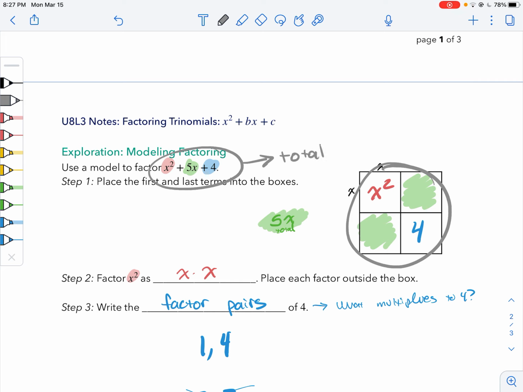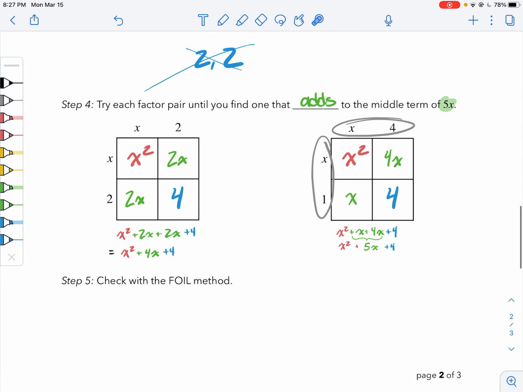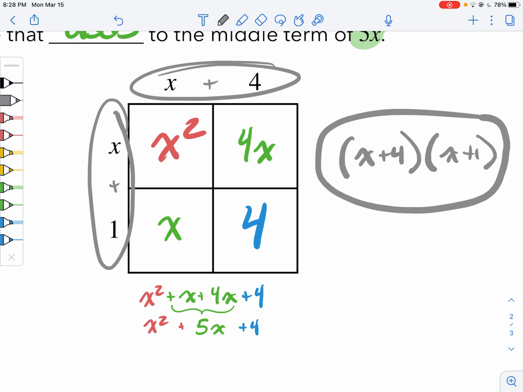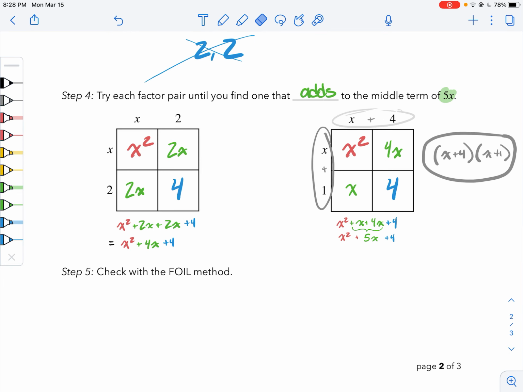That's our total area. You need to figure out what's the length of the sides. How long is this side? How long is that side? Well, this side is x plus 4. So one factor is x plus 4, and the other factor is x plus 1. And that is our answer. That's it, totally factored.